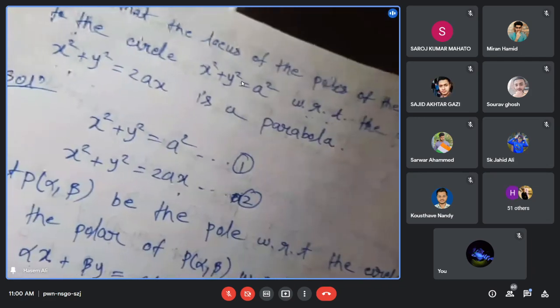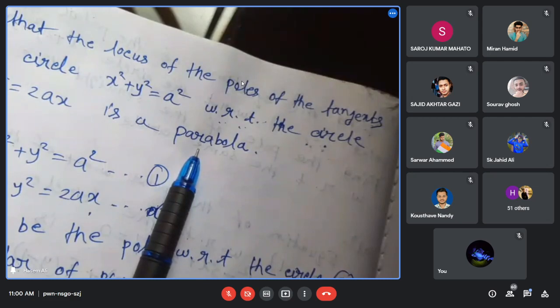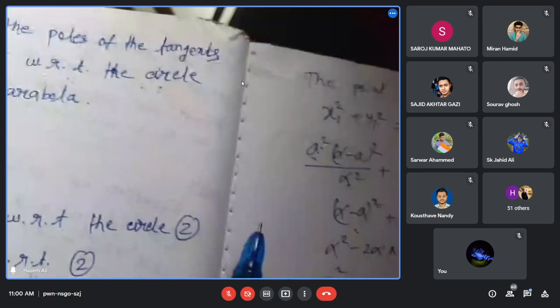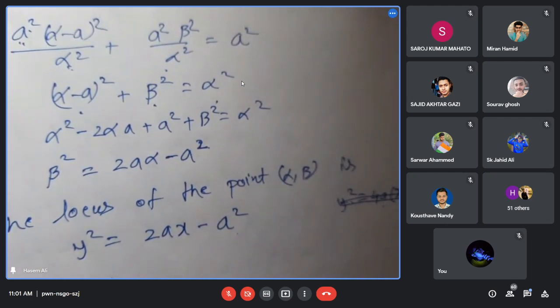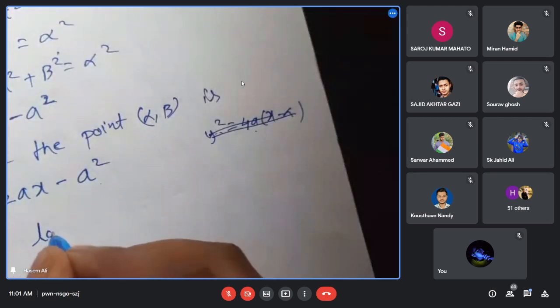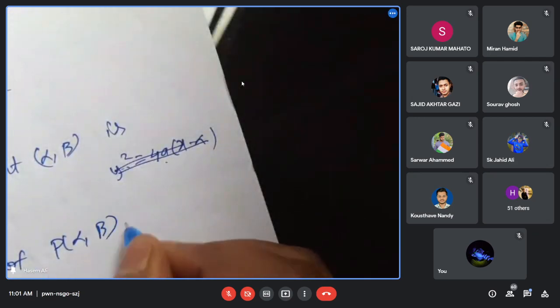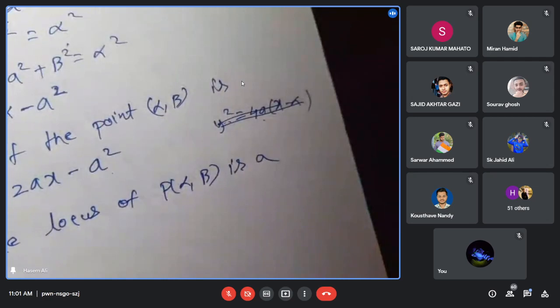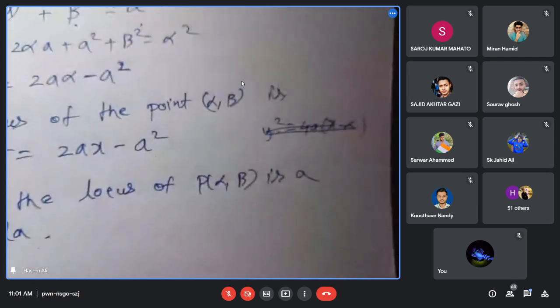And also the question is given so that the locus is a parabola. Hence, the locus of the point P alpha beta is a parabola.